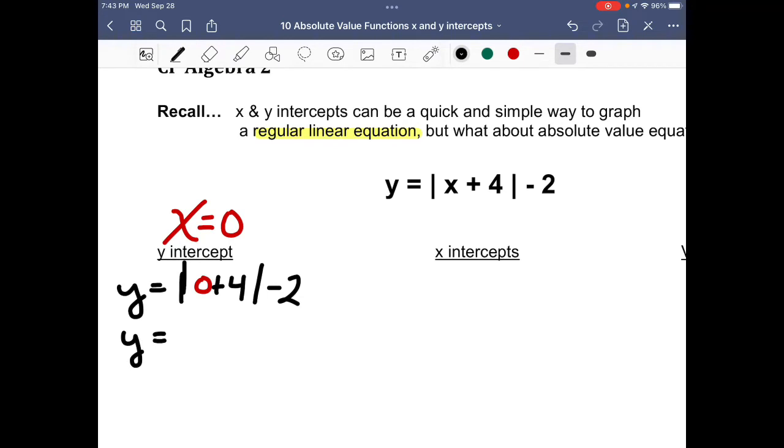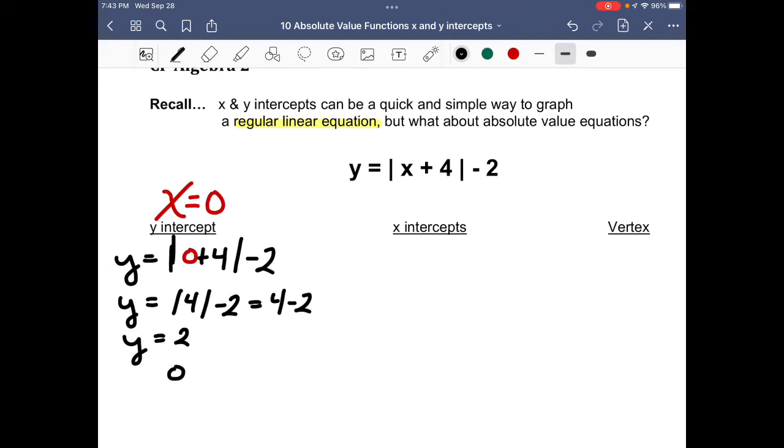And of course, if you do a little order of operations, you get the absolute value of 4 minus 2, which is 4 minus 2, 2. So the y-intercept is at (0, 2). That was pretty easy, just plugging in a 0. My guess is that you could do a lot of that just in your head.